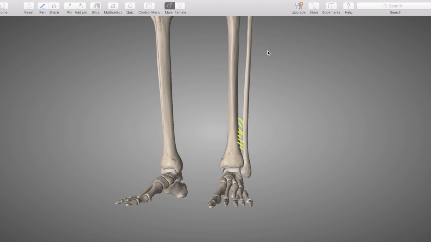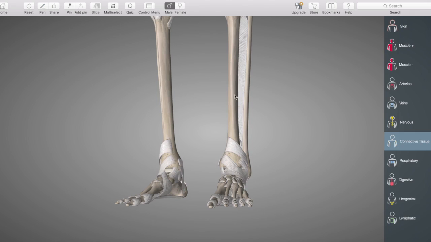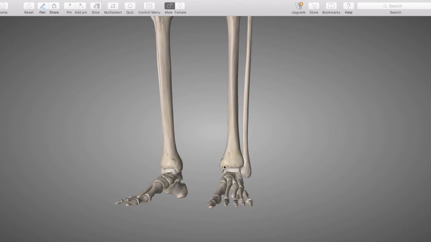Let me run that back real quick. The syndesmosis is basically made up and held together by this interosseous membrane. And so the syndesmosis that we talk about at the ankle is kind of this space here, this joint structure.